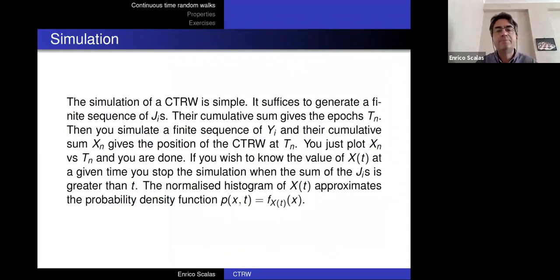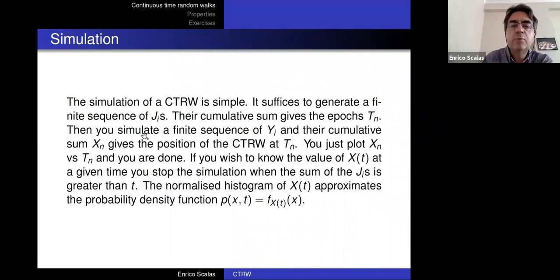What's next? Simulation, and actually we will focus now on the simulation. It is very easy to simulate a continuous time random walk. You just generate a finite sequence of inter-arrival times, so positive random variables with the meaning of inter-arrival times, and then from their cumulative sum, you have the epochs, so the instants at which events occur.